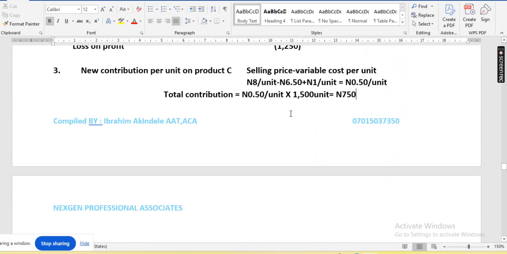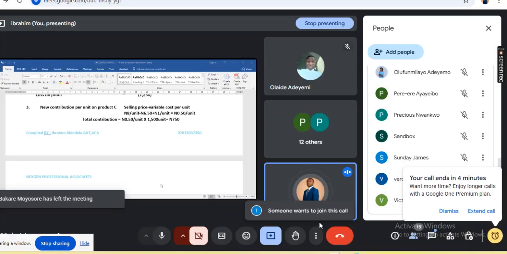So we will now compare it: do we have a loss or a gain on the profit? Don't forget, discontinued operation. You see that product they are telling you, that is what you need to analyze, right?